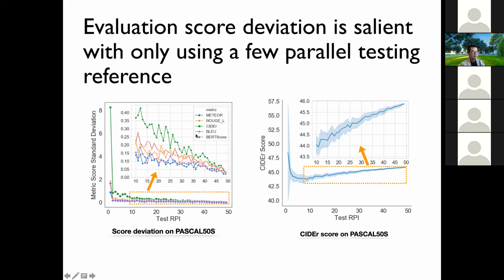For all of these different metrics, Cider has very high variance, but for the other ones, I think there's also a general rule of thumb: try not to use fewer than 5 or fewer than 10 references in your test set. Because the numbers I reported in this paper could be 30, but the standard deviation, which they don't report, can be very big, like 5 or 10. Then it actually makes all of the claims in this paper invalid.